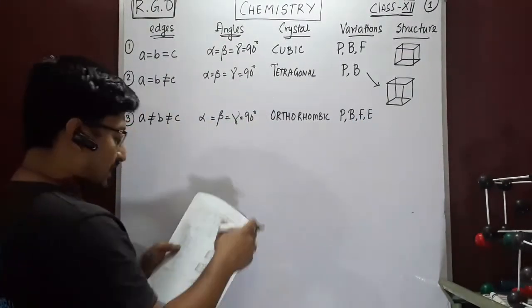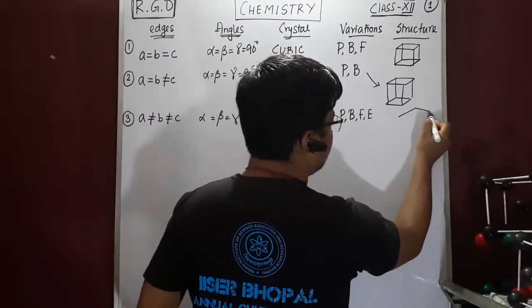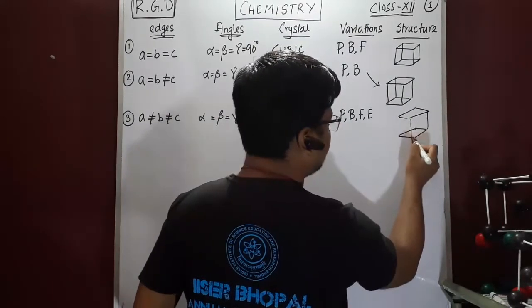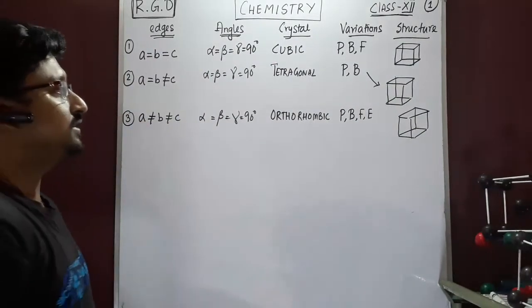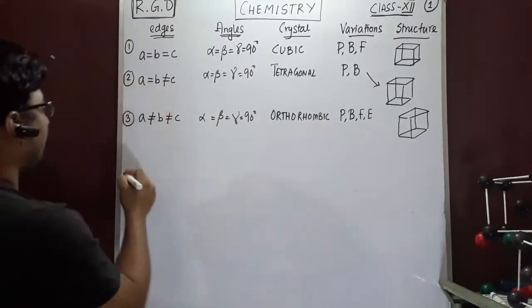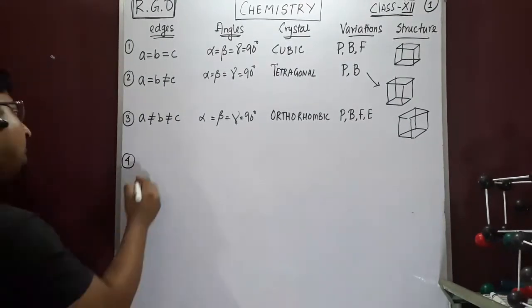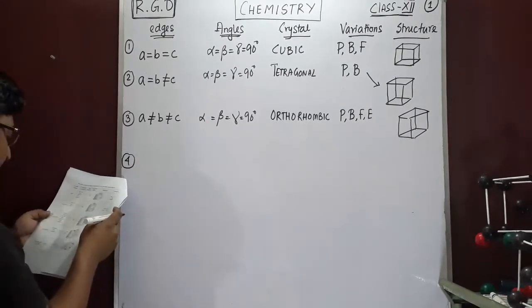So obviously you will have a rectangular basis. Okay, this is orthorhombic. Now number four. These are done. Okay.